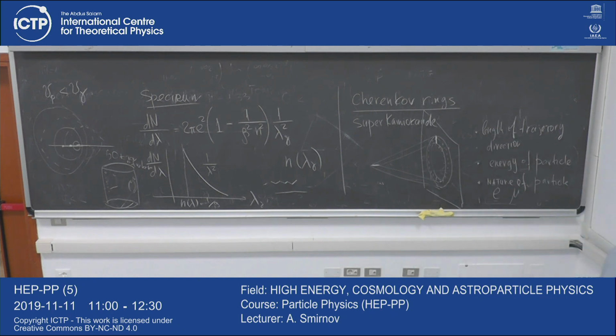So you see how rich information can be obtained from these simple things. Actually, the identification of muon versus electron is very good. I think in 5% of the cases you can confuse electron with muon.